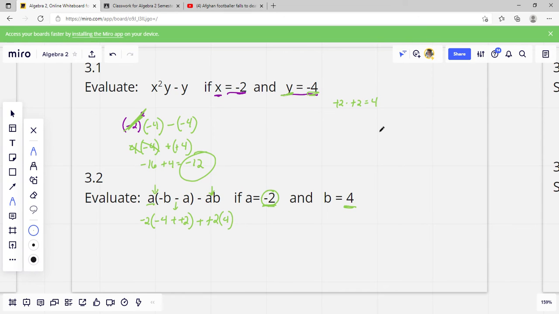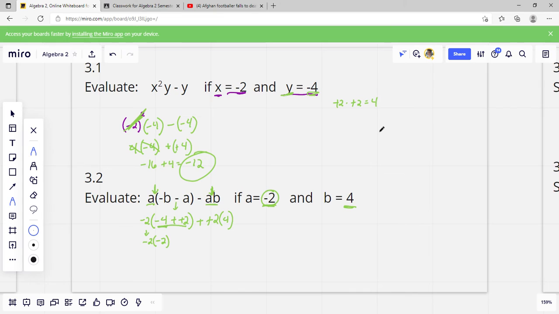Okay, so the places where I have to multiply are going to be this A times whatever the answer to inside this parentheses is, and then this 2 times 4, this A times B. Okay, so I'm going to do inside the parentheses. So I've got a -4 plus 2 would be -2. So I'm just going to bring down this -2. Inside my parentheses would be -2.